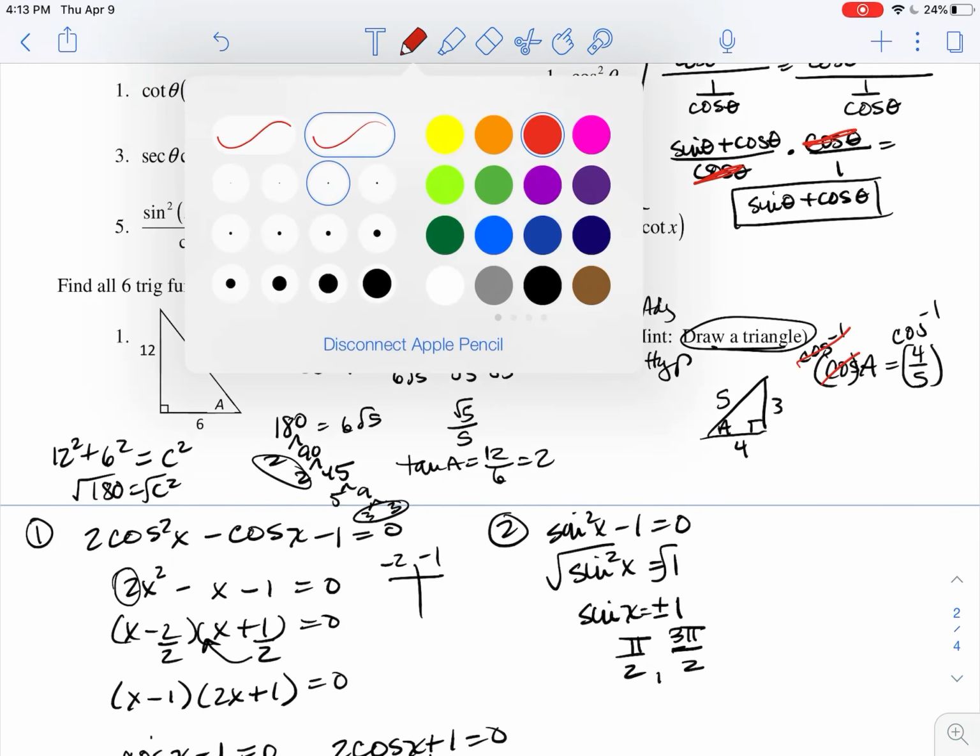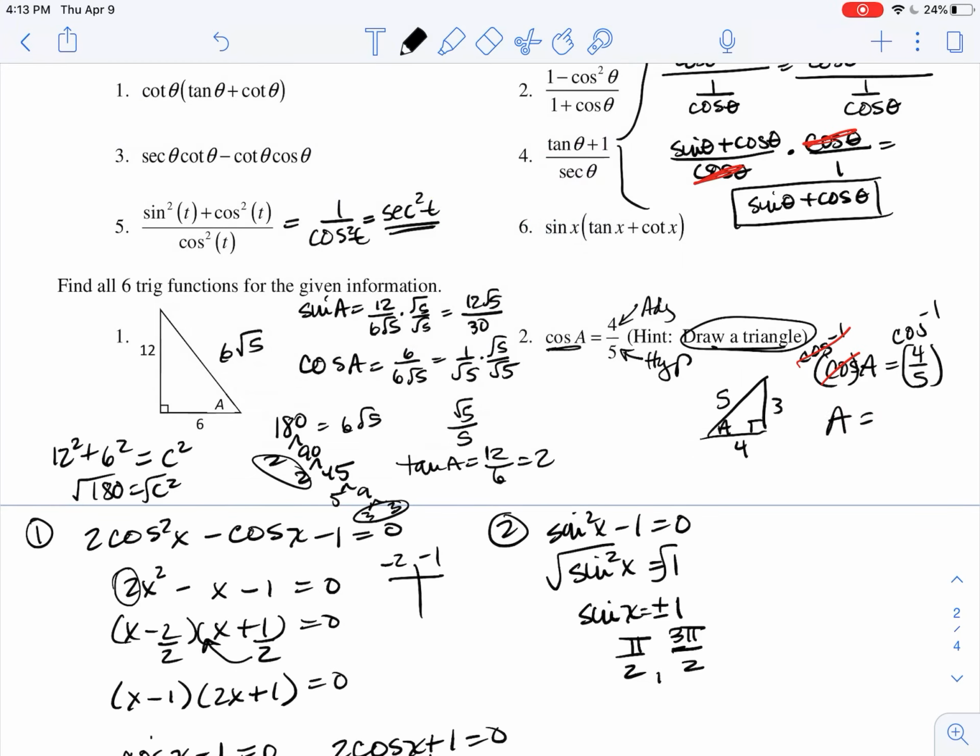I want to undo cosine with inverse cosine. Oh, wait, it doesn't want me to find the angle. It wants to find the 6 trig functions. I'm sorry, let me go back and start over. But now you have that, and you can find your SOHCAHTOA. Sine, opposite over hypotenuse.